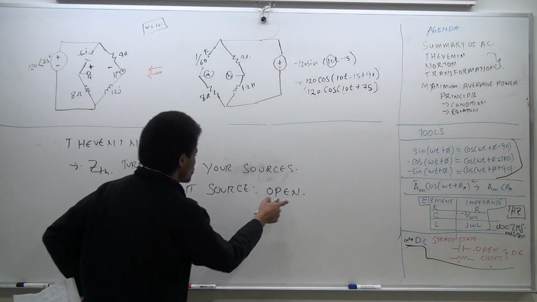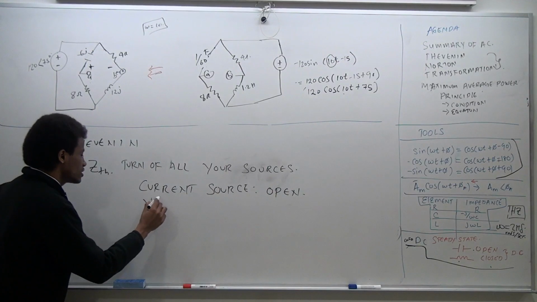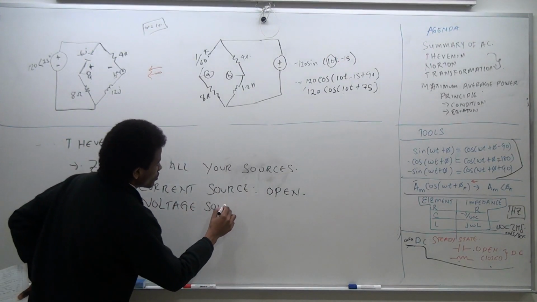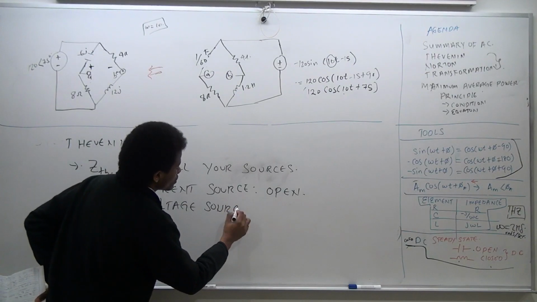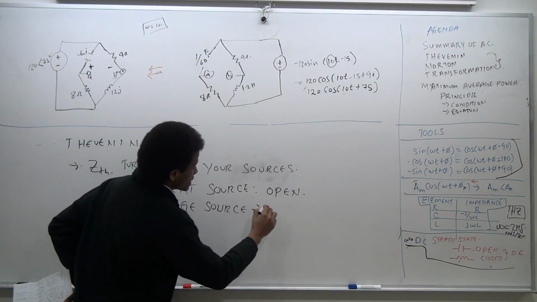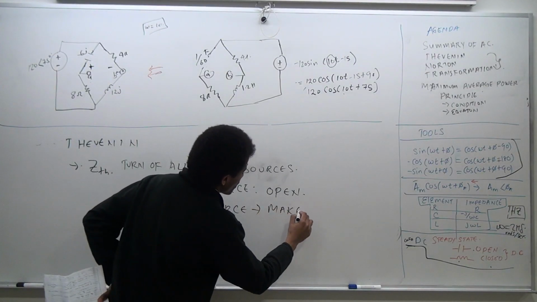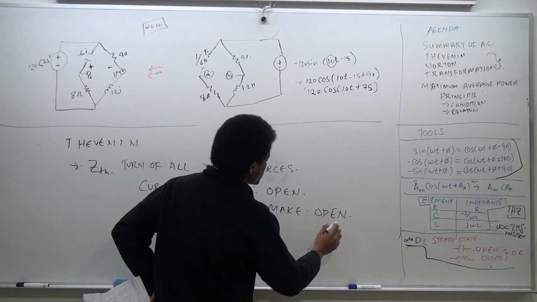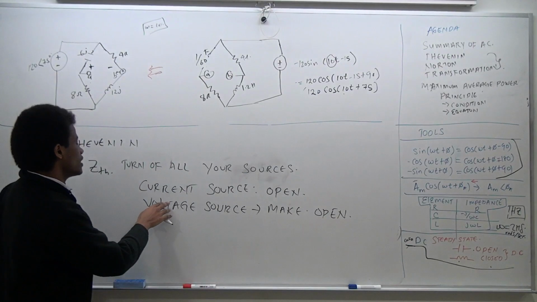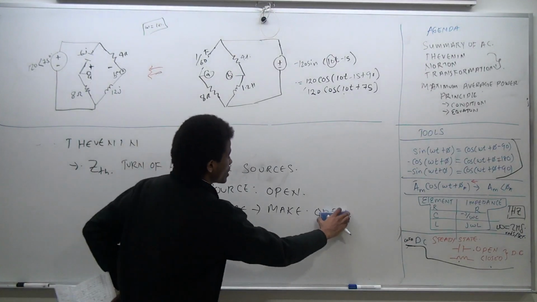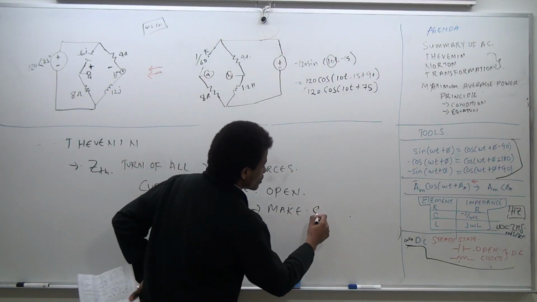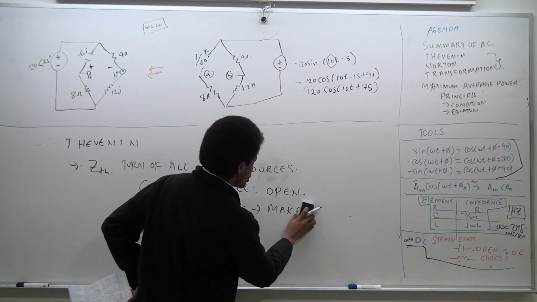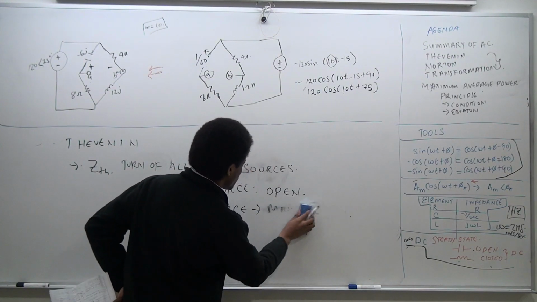You turn off a current source by making it open, and a voltage source, you make it closed. Short or closed means the same thing. Just short it. Let's short the circuit.